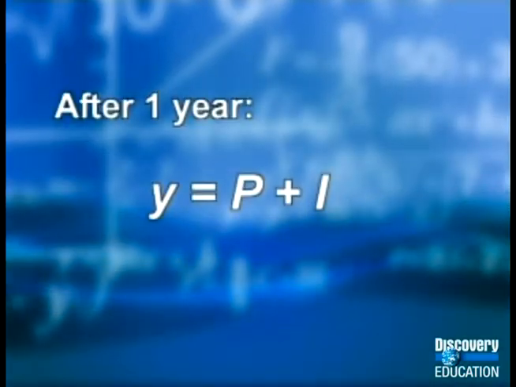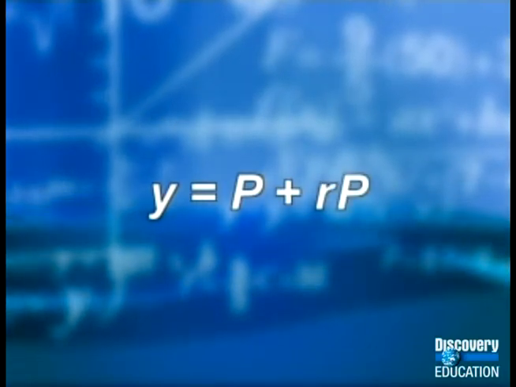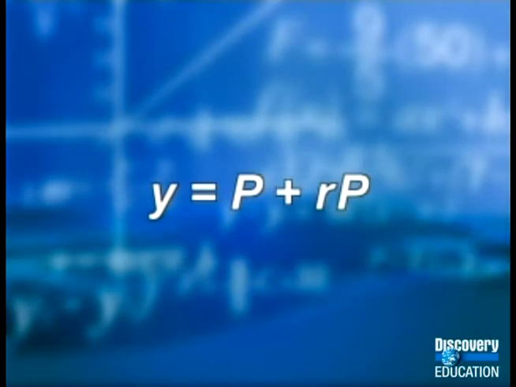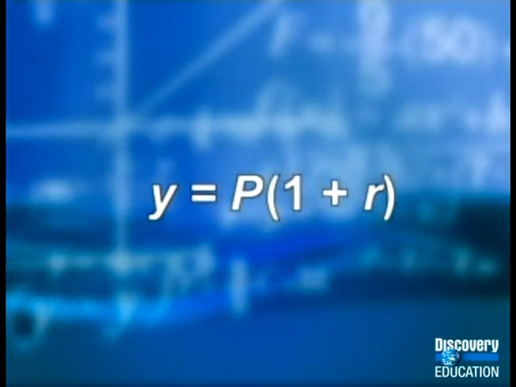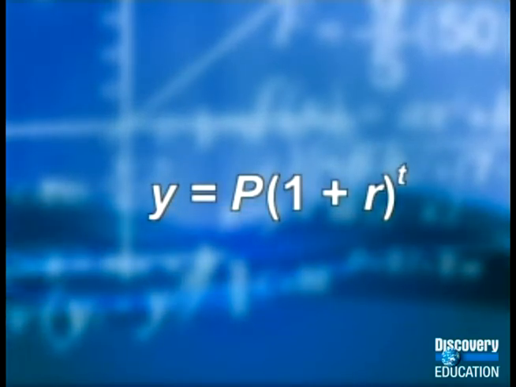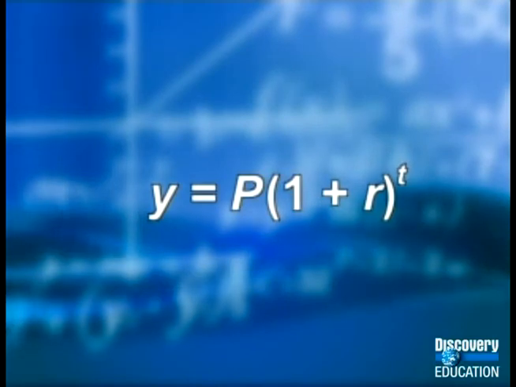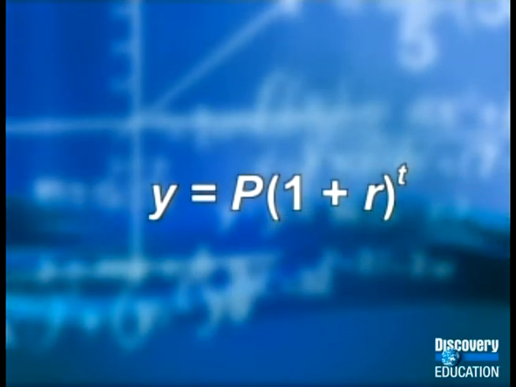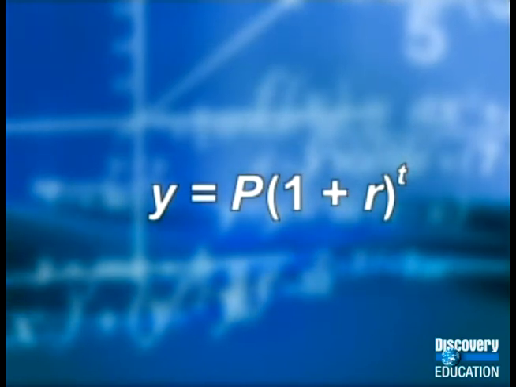The interest gained is r times p, where r is the interest rate expressed as a decimal. Factoring out p yields p times quantity 1 plus r. The implied exponent of 1 indicates the amount of money after t equals 1 year. Each year, the previous amount is multiplied by quantity 1 plus r.